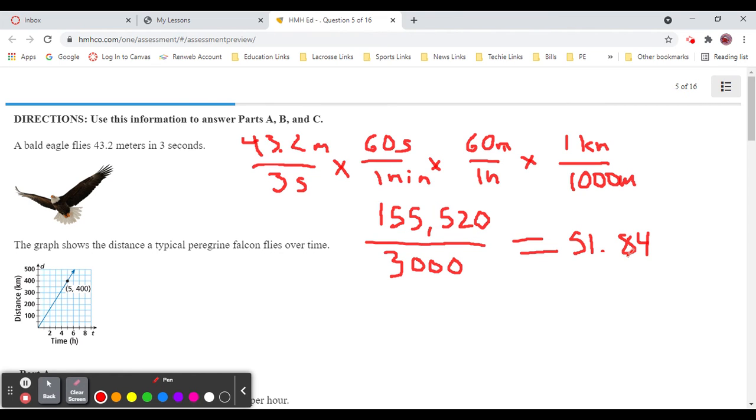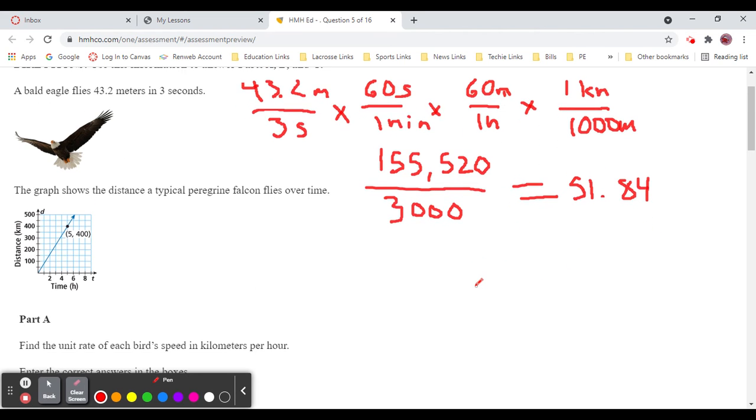So there's one of my answers, for the eagle: 51.84. Now I've got to do something with this because it says it's going to fly for 3 hours.